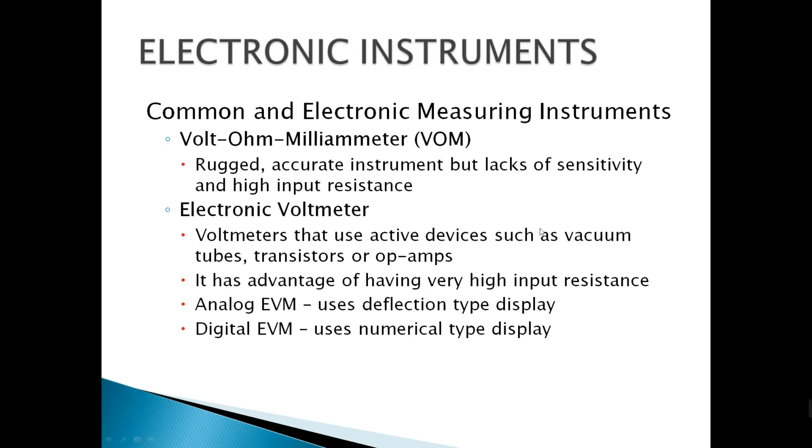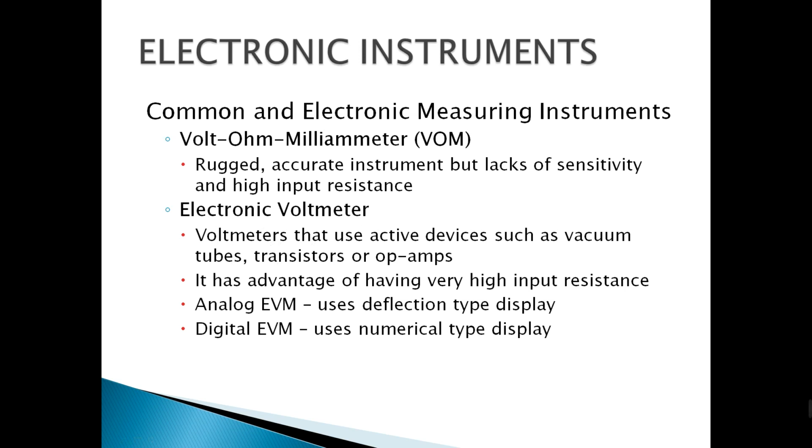Next, we have electronic instruments. So common electronic measuring instruments like volt-ohm-milliammeter. We have already discussed this. Electronic voltmeter: voltmeters that use active devices such as vacuum tubes, transistors, or op amps.